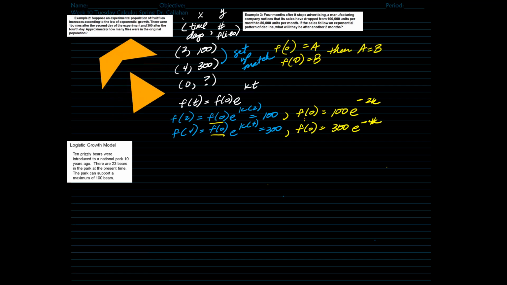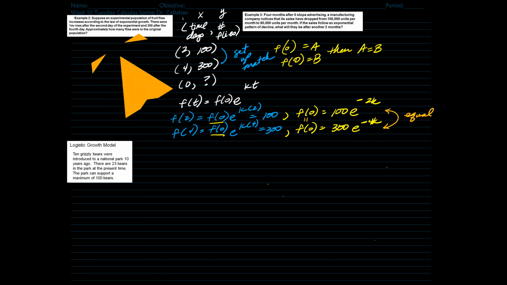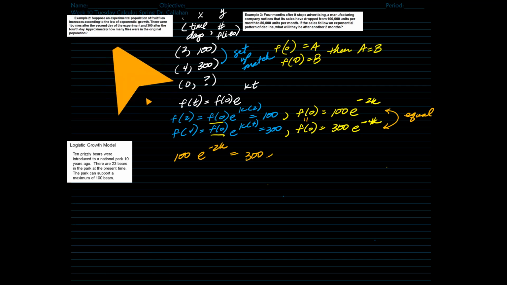And now that I have these two equal to each other, I can set these two equations equal to each other. So then I have 100 e to the negative 2k equals 300 e to the negative 4k.